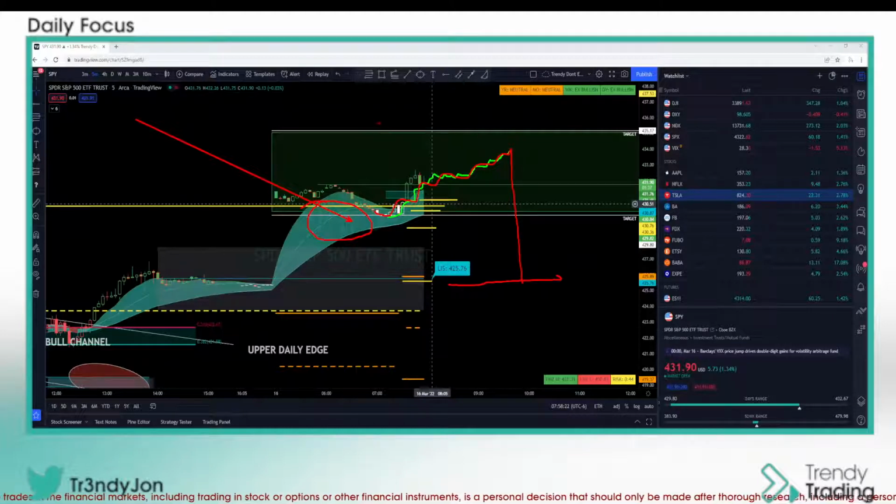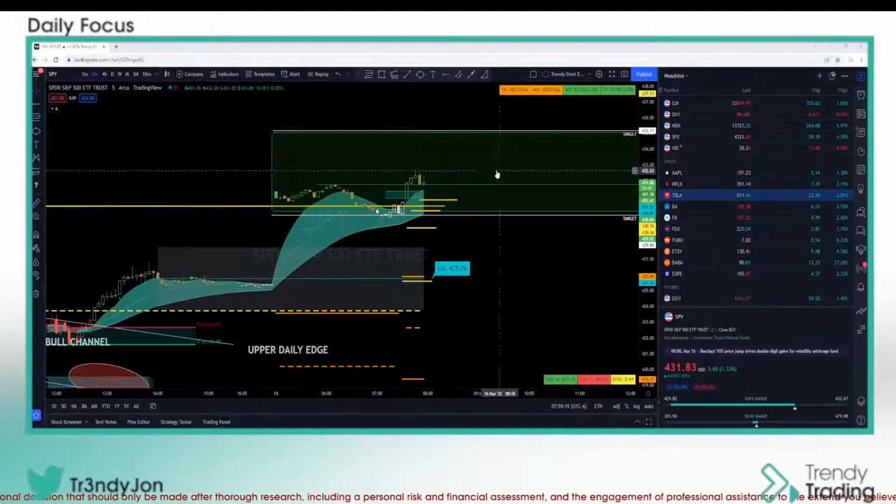And so long term, sure. But even if I buy puts here and the market were to continue to move up, your puts are so far down. And by the time something like this happens, depending on the strike that you buy, you could still be sitting at a negative trade or a flat trade. Just something to think about.